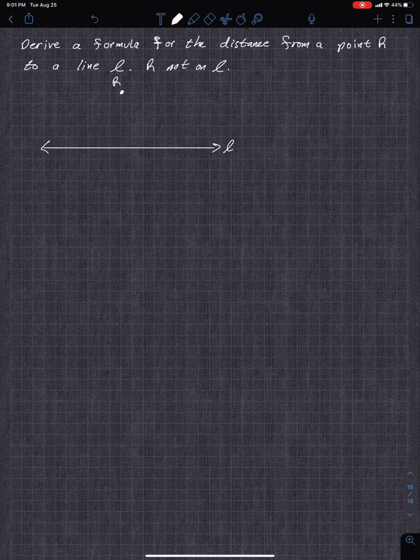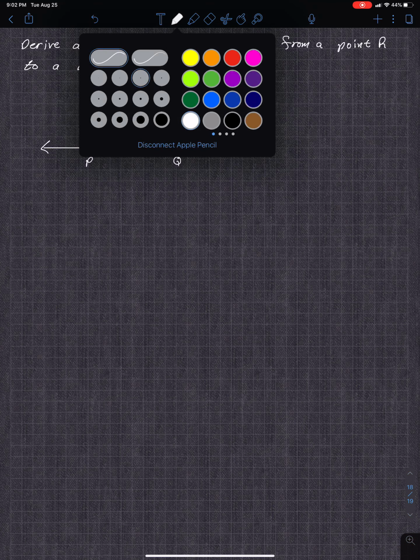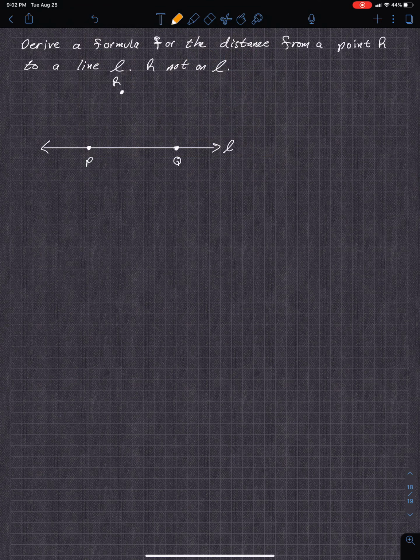And so what we may create is you take any point, say P, on the line, and another point Q on the line. So if you're given a line, you can find 2 points, no problem. Right? So that's the idea. And then what we're going to do is construct these vectors.